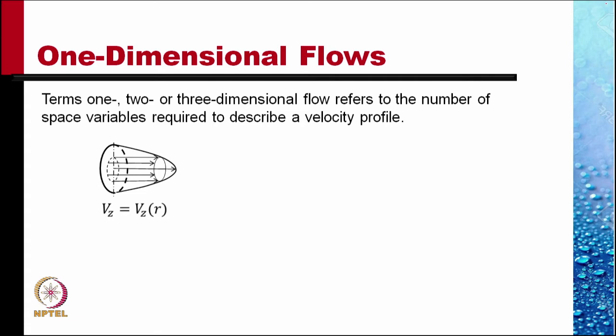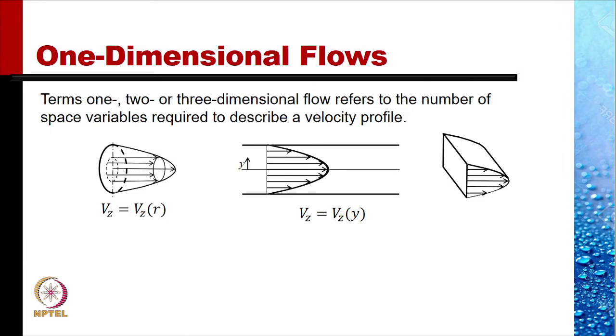We have discussed earlier that if the flow is laminar, this profile is parabolic. It varies like r square. We need only one variable r to describe this profile.